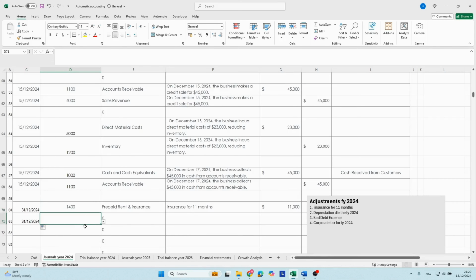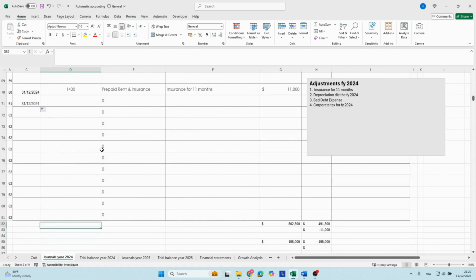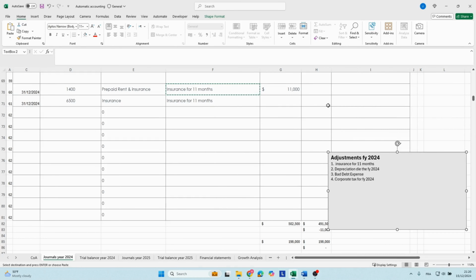Here we need to use the insurance account, which is account 6500. It will be shown in credit because here we will reduce our expenses for insurance for this year. Debit equals credit, and we get the first transaction for adjustment.